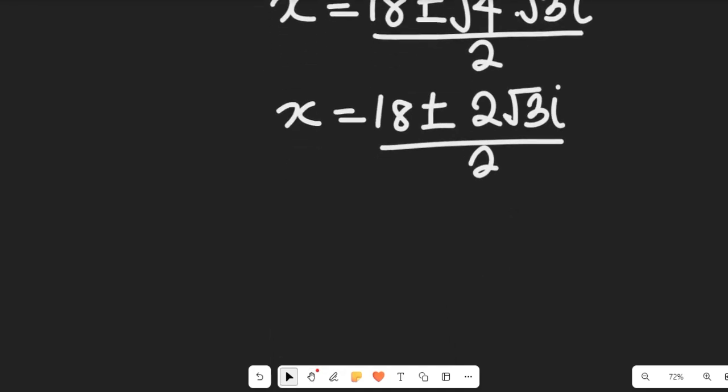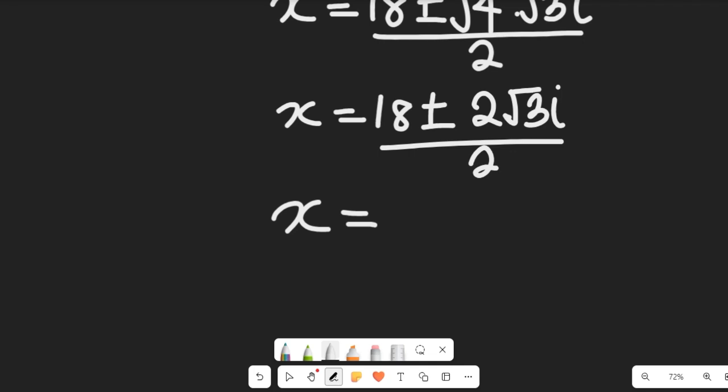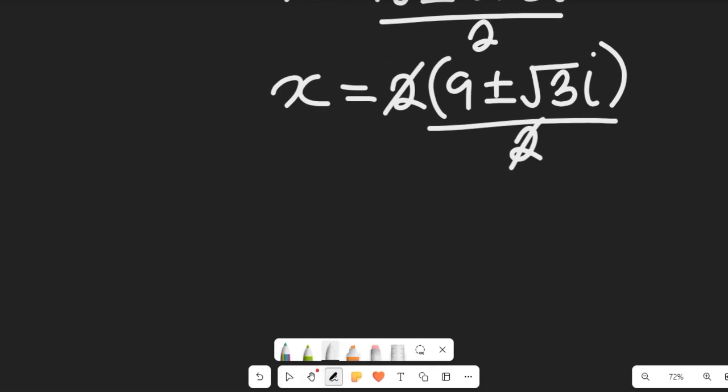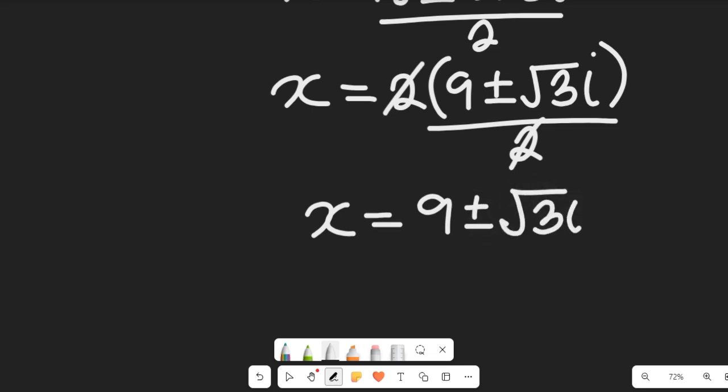Looking at this, you'll find that 2 is common. If we bring out 2, we'll be left with 9 plus or minus the square root of 3i, all divided by 2. The 2 can cancel out the 2, so we'll have x equal to 9 plus or minus the square root of 3i.